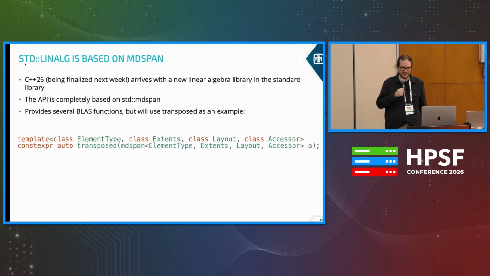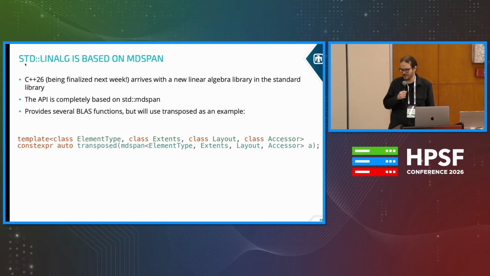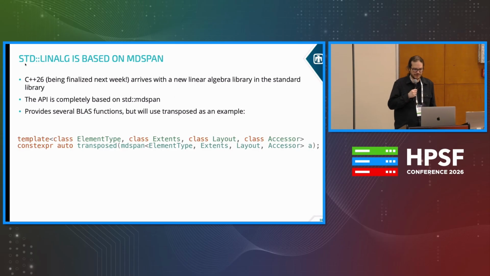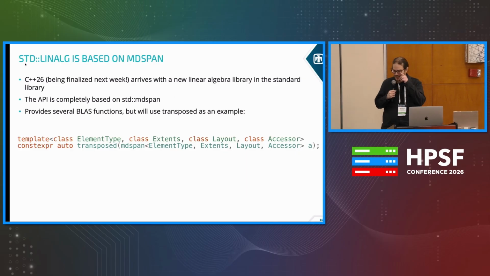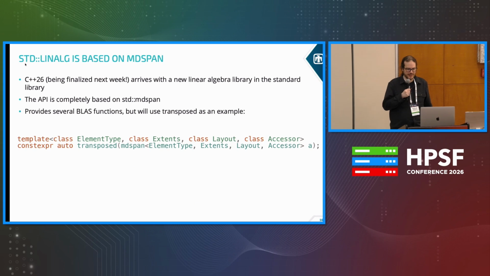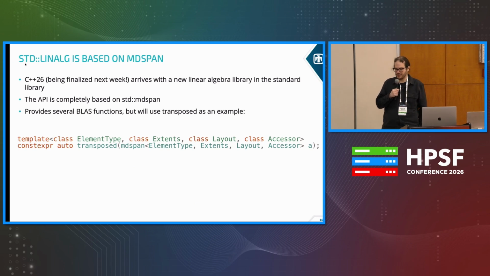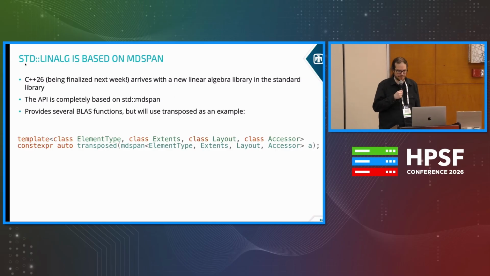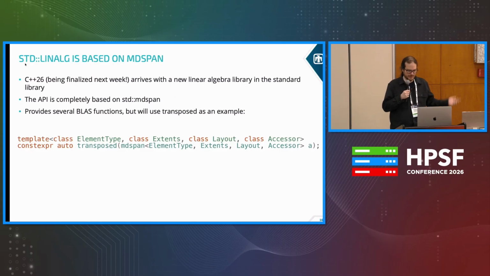I already mentioned that in C++26, the standard linear algebra is being introduced into the C++ standard, and its API is completely based on mdspan. What this really means is that we can take one of the functions from linear algebra. I'm just using this transposed function here for simplicity, but really linear algebra supports a bunch of different BLAS 1 and 2 operations.